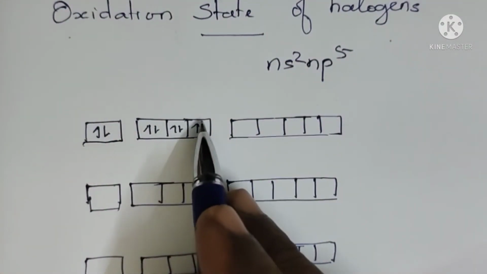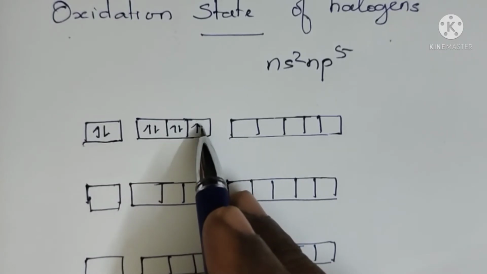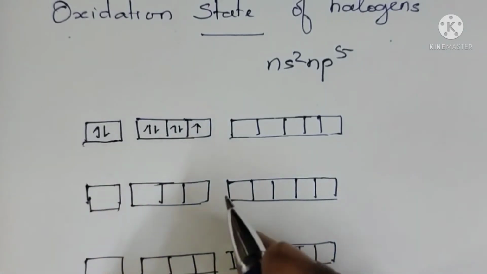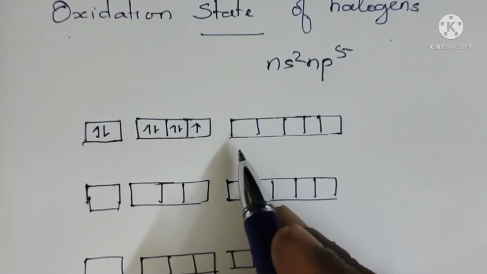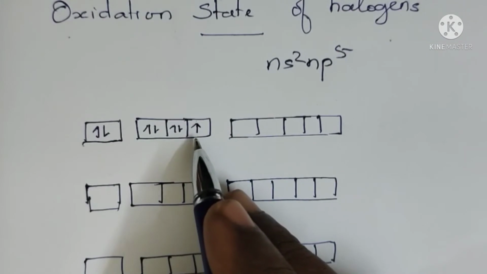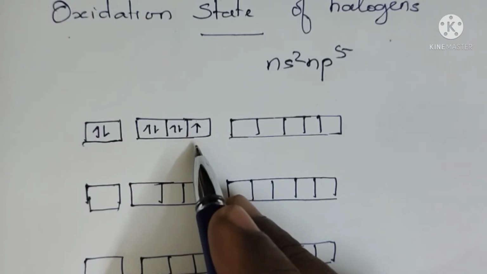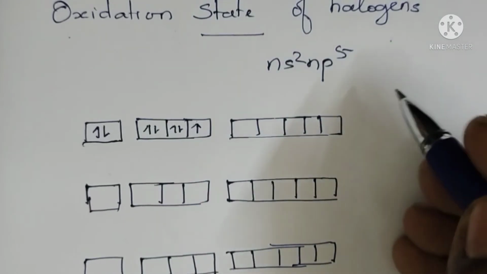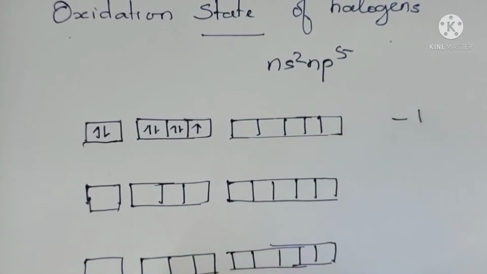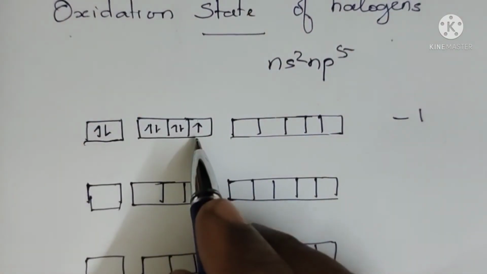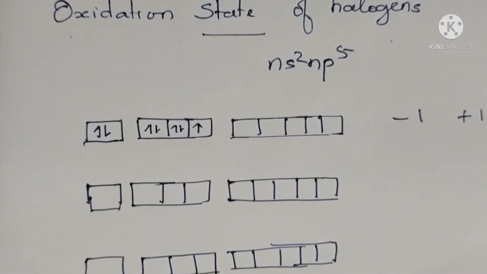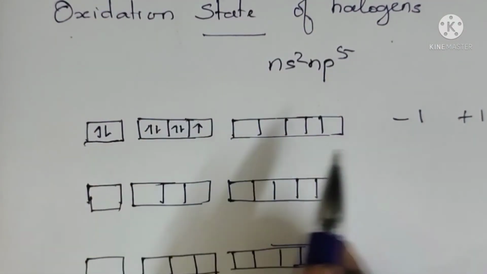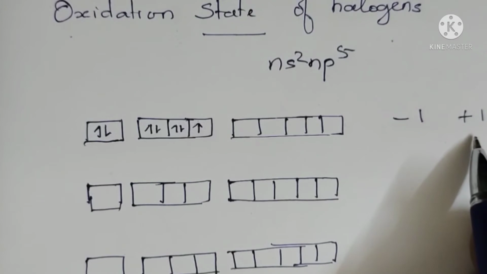Since only one unpaired electron is present, there is a possibility that this electron gets removed or one more electron can be accepted here. If one more electron is accepted, the halogen shows -1 oxidation state. If this electron is lost, it will show +1 oxidation state. Thus, halogens exhibit -1 or +1 oxidation state.